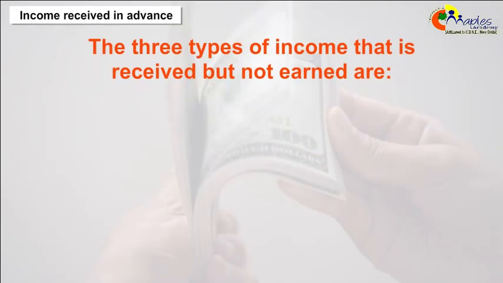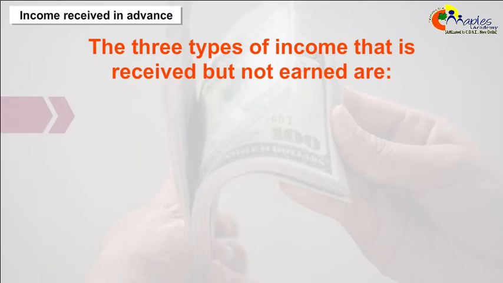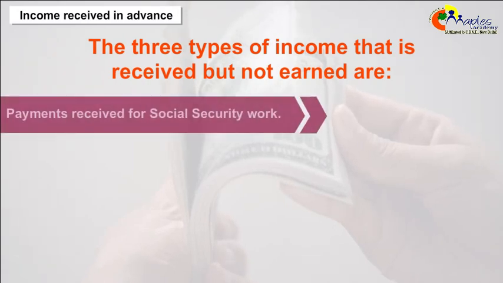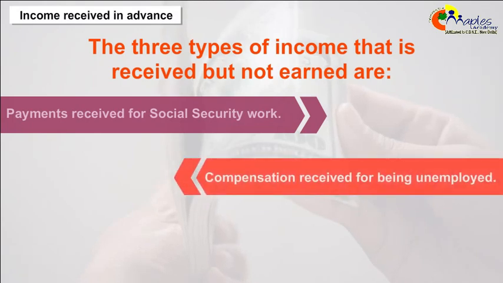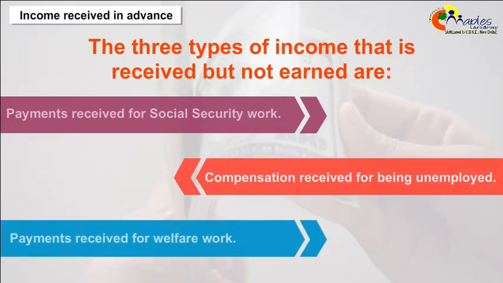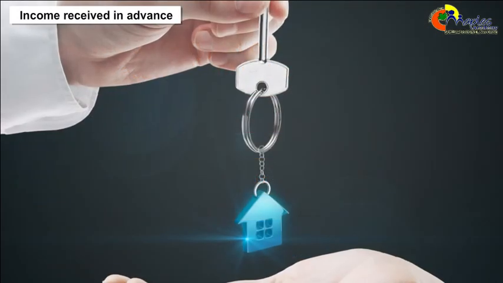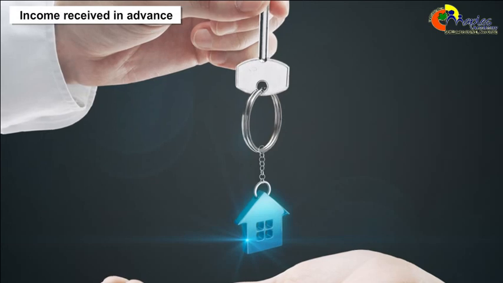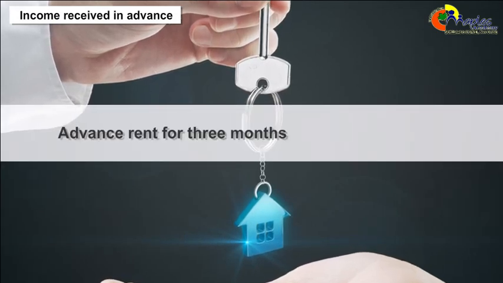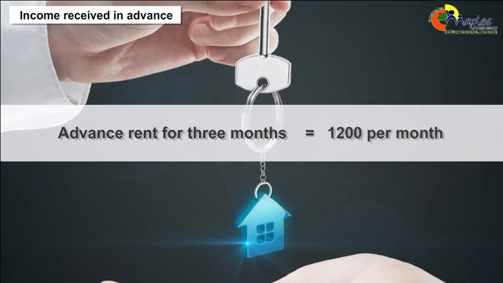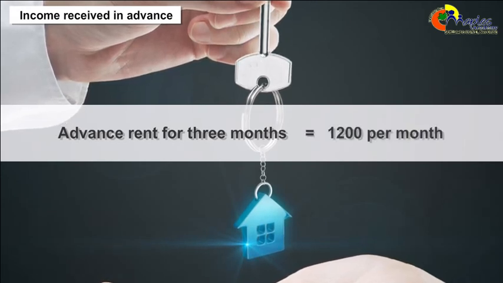The 3 types of income that is received but not earned are payments received for social security work, compensation received for being unemployed, and payments received for welfare work. Suppose in March 2017, Rohit received an advance rent for 3 months from his friend at the rate of 1,200 rupees per month.